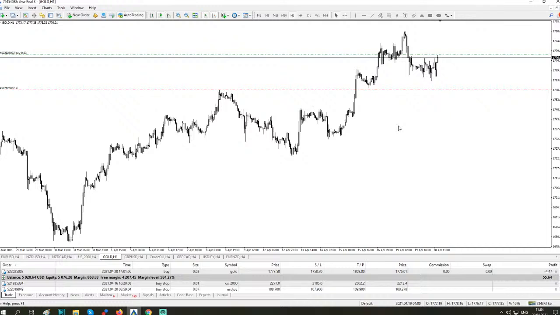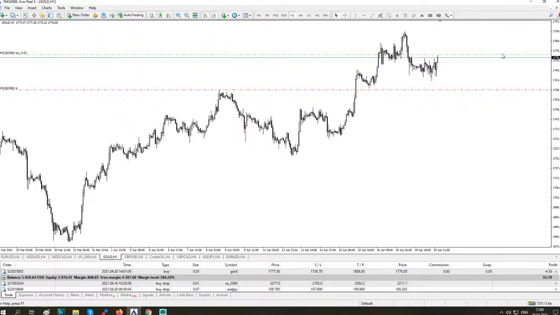Yeah, gold triggered. It has reached our entry level without testing and retesting these support levels.